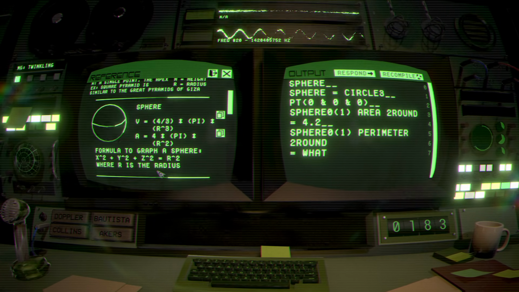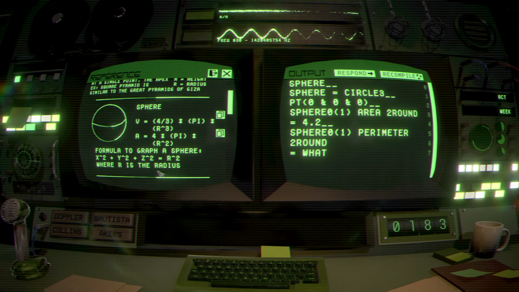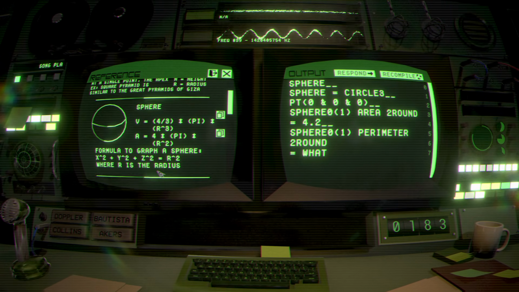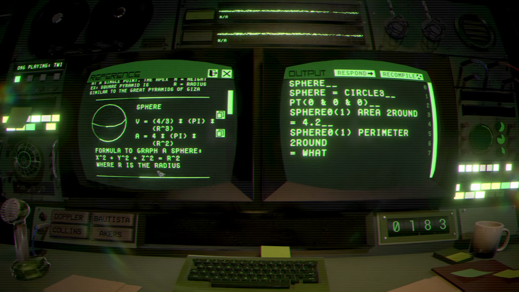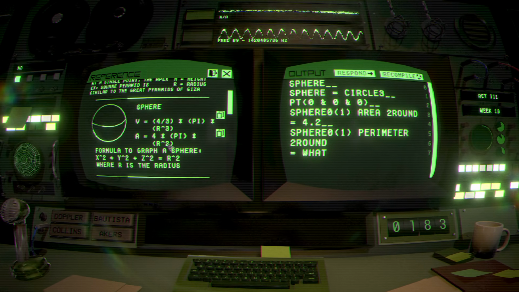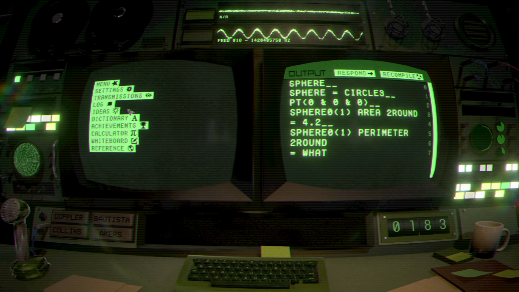Do they mean just the outside of a sphere? Because the outside of a circle is the perimeter, but the outside of a sphere is the area, right? That kind of makes sense in my brain. Let's think. The radius squared is just 1, so ignore that basically. So what's 4 times pi?